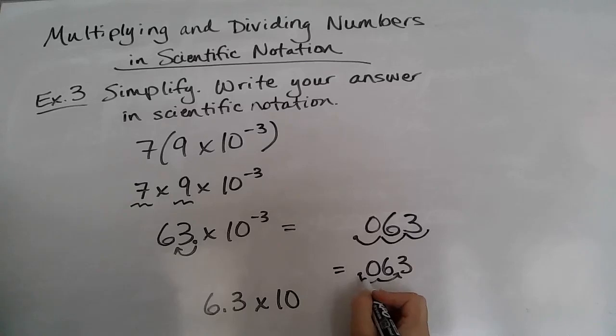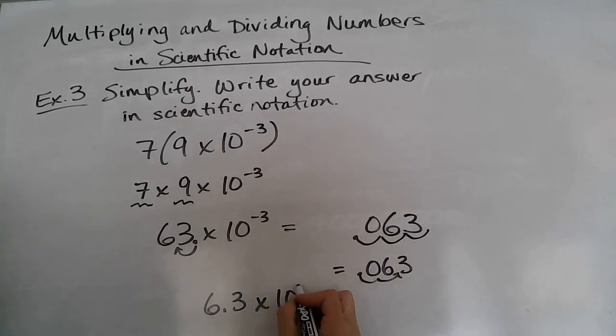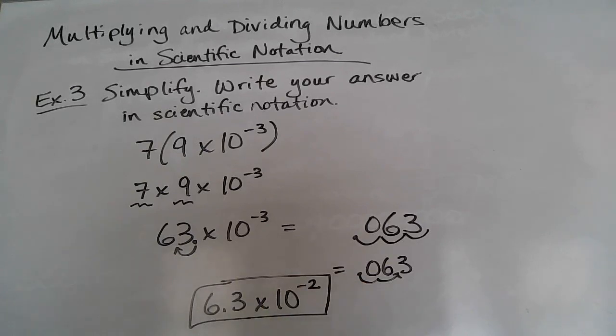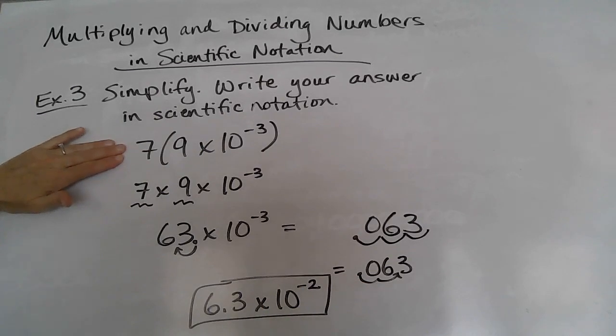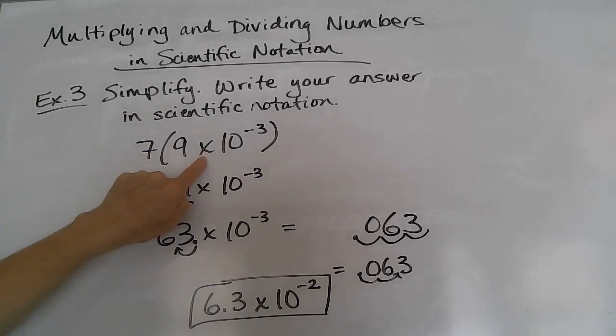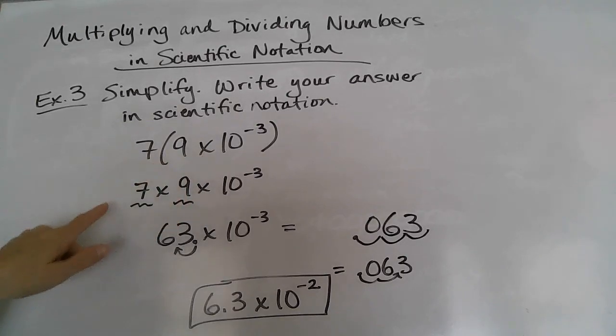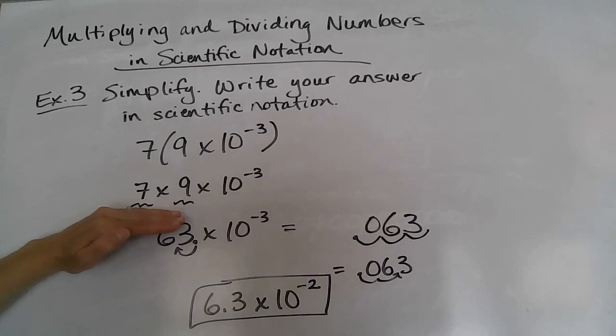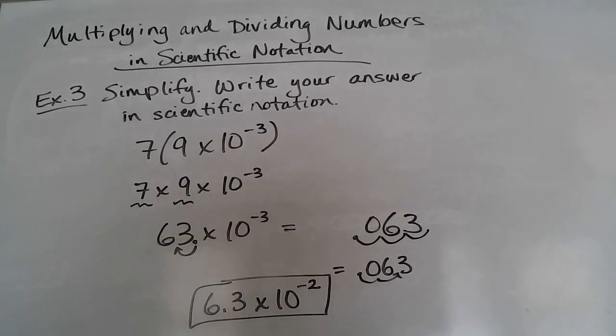We've moved it 2 places, and this is a small number, so our exponent is negative. So when you have a number being multiplied out front, this is not addition. Do not distribute. Recognize it's one long multiplication problem. Multiply your regular numbers, bring down your power of 10, and make sure you're in scientific notation by moving the decimal if you need to.